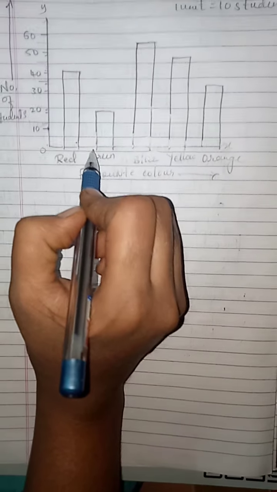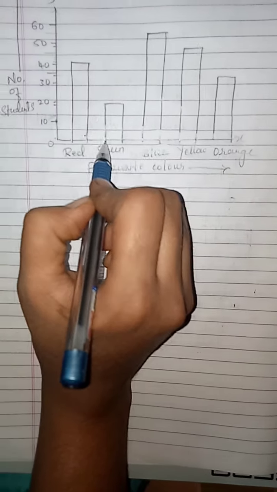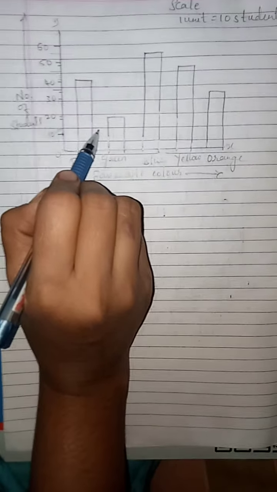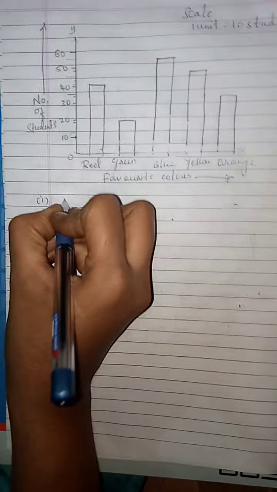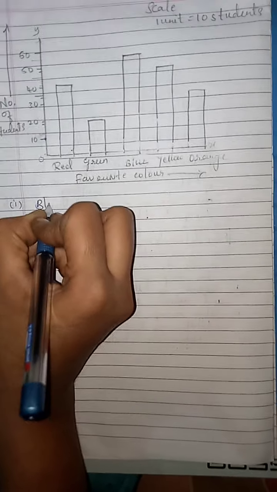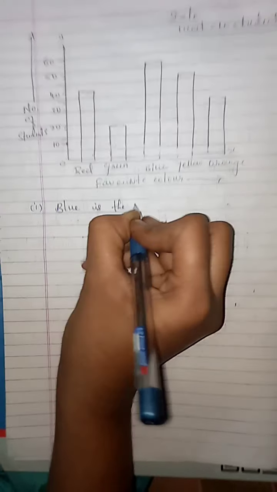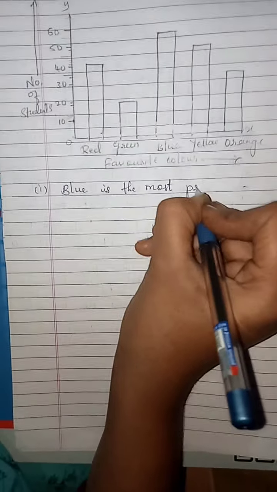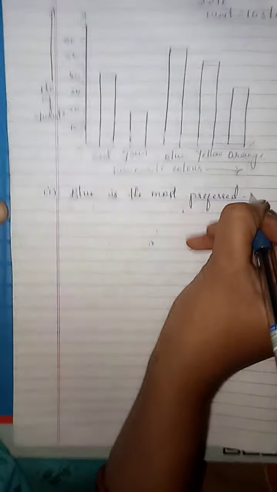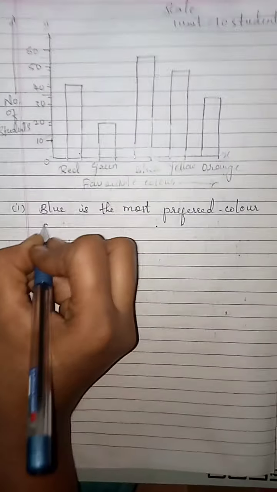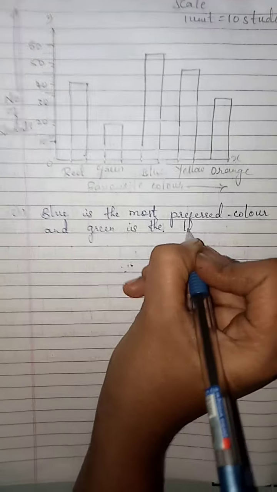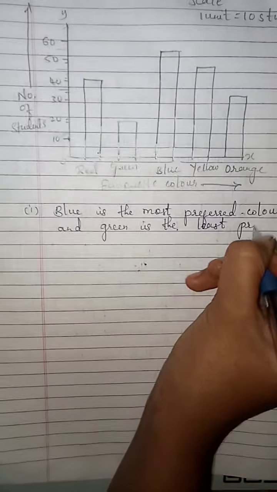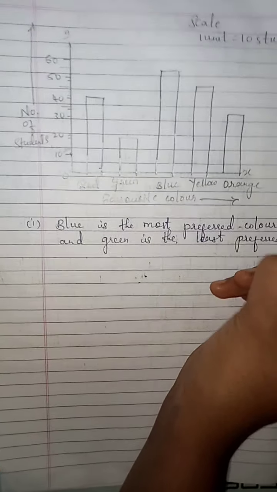Green is the shortest bar, only 19 students like the green color, so green is the least preferred color. First one, children: blue is the most preferred color and green is the least preferred color.